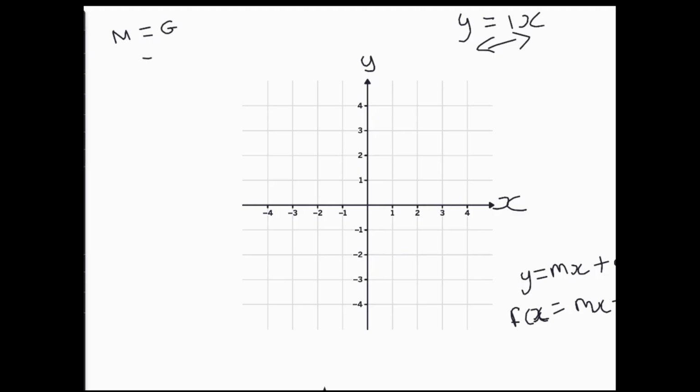The gradient is equal to the change in y value over the change in x value. Okay? Then c will be equal to the value whenever x is equal to 0. That'll be the value of c. Okay?